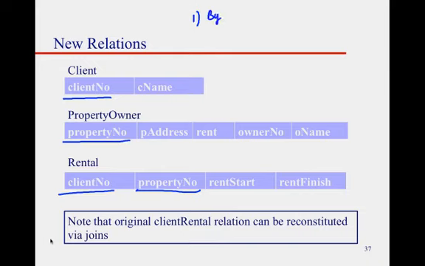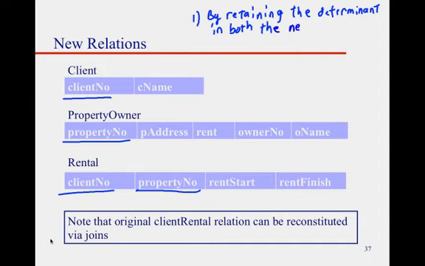So, by retaining the determinant in both the new and the original relation, we preserve the lossless join property.